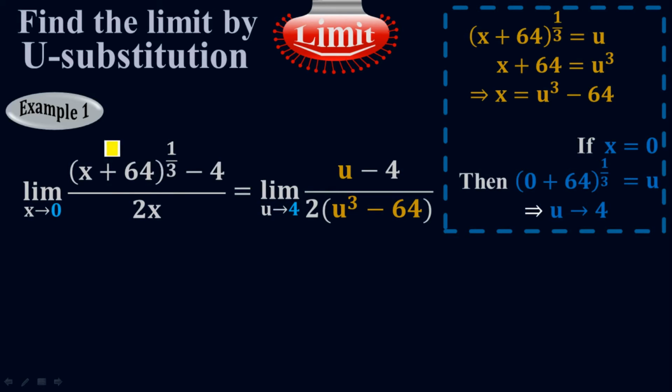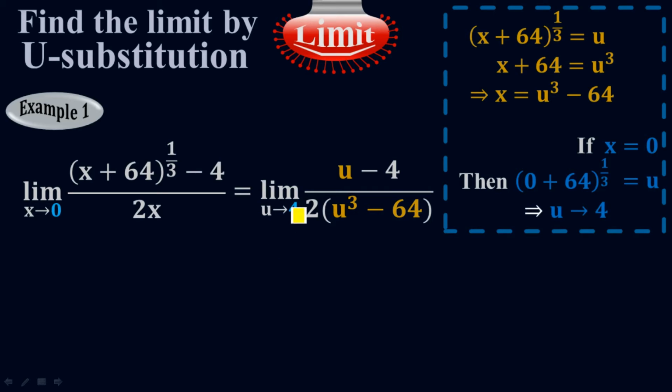For this whole part, I put u, because I let (x plus 64) to the whole 1 over 3 equal u. Minus 4, and 2 times (u cube minus 64), because x equals u cube minus 64. So I will put u cube minus 64 for the x, and then u approaches 4, which I got at the end, because 4 equals u, which means that u approaches 4.